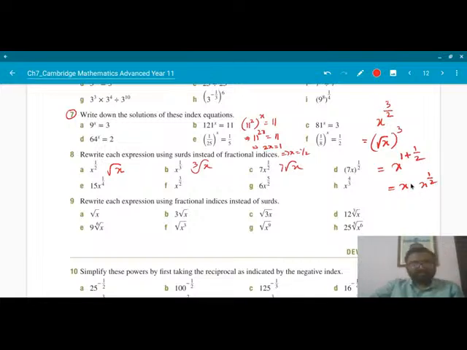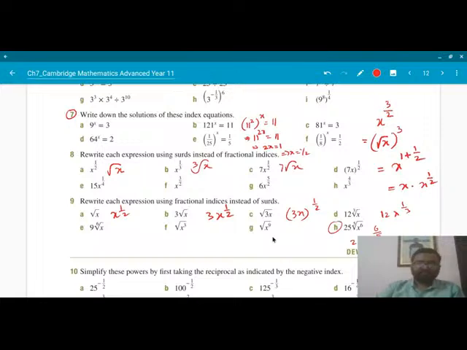Okay, so rewrite each expression using fractional indices. So we have to use fractions. Square root x is x power 1 by 2. It is 3x power 1 by 2, 3x whole power 1 by 2. 12x power 1 by 3. 25 into x power 6 by 5.